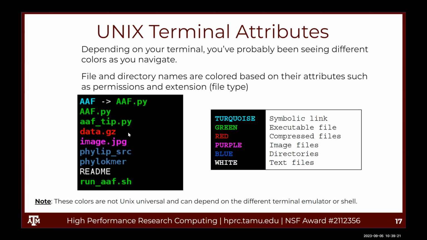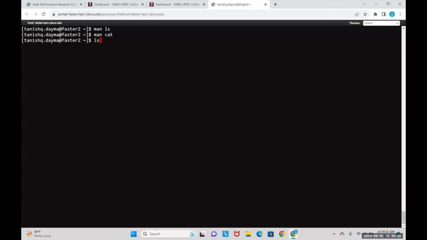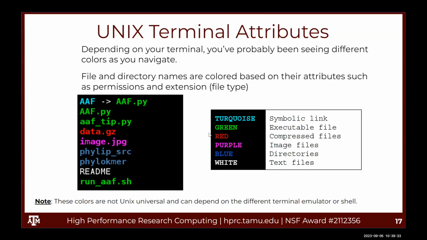Something you must be thinking is that when we are in the home folder and I do an ls, there are different colors for the different folders and directories. Why is that? In Unix, all the files and directories are color coded based on their attributes.